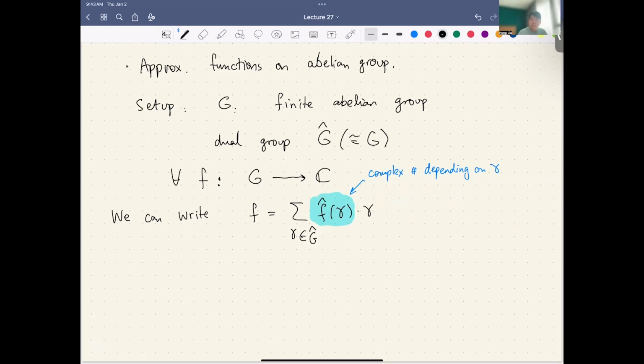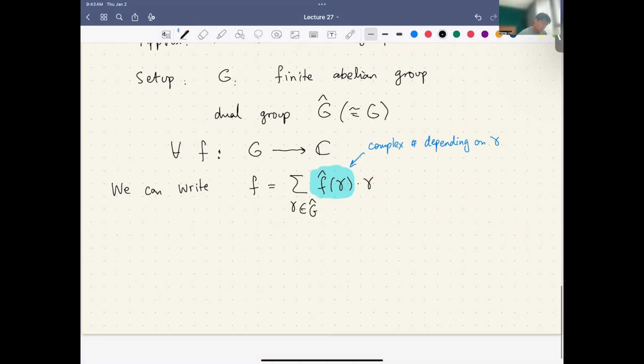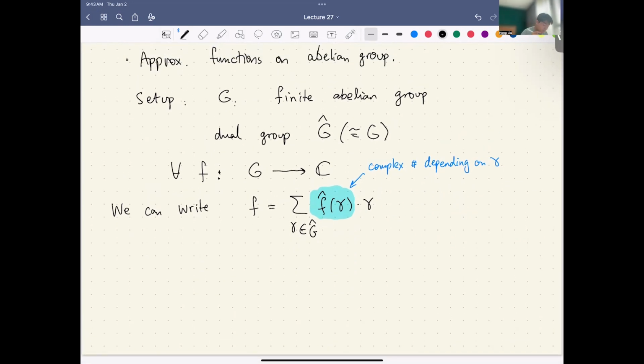Now, if you can express it linearly, this set of coefficients induces a probability distribution over the dual group G hat. We take the norm of these complex numbers, the coefficients, and sample gamma proportionally to the norm of the combination coefficient. Taking the norm makes it a real number.